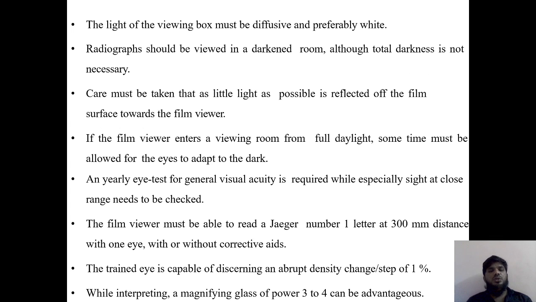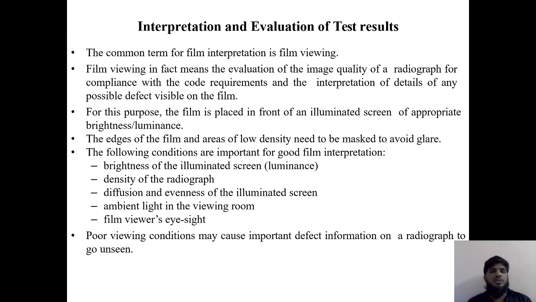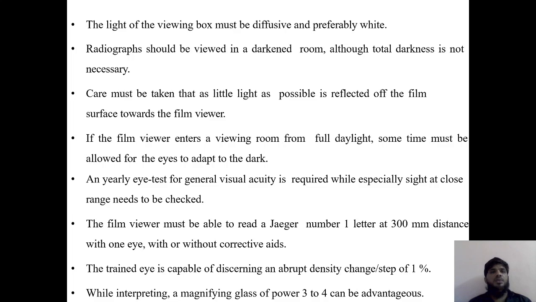That way we can avoid conflict between the image and other light. The light of the viewing box must be diffuse and preferably white. Most of the time white lights are used. The radiograph should be viewed in a dark room instead of a very bright room. Care must be taken that as little light as possible is reflected on the film.